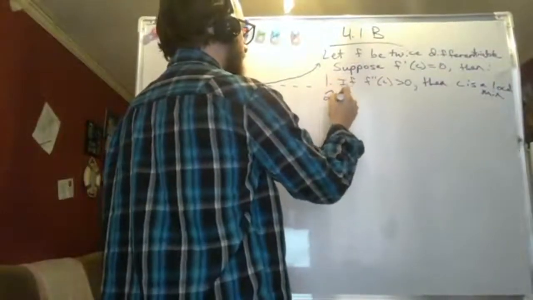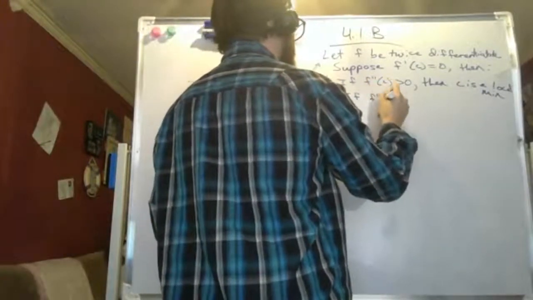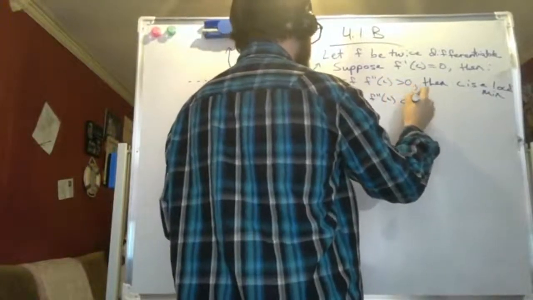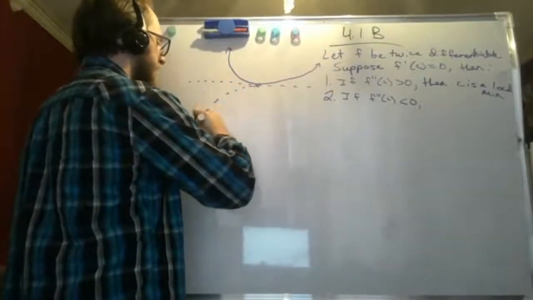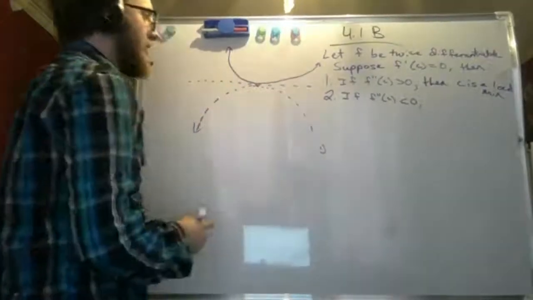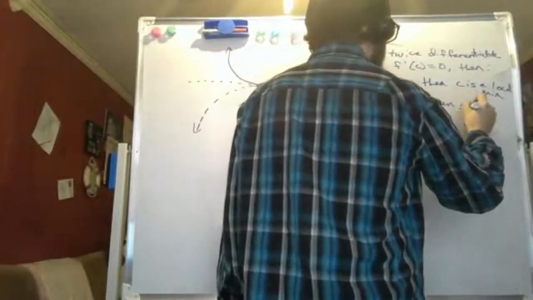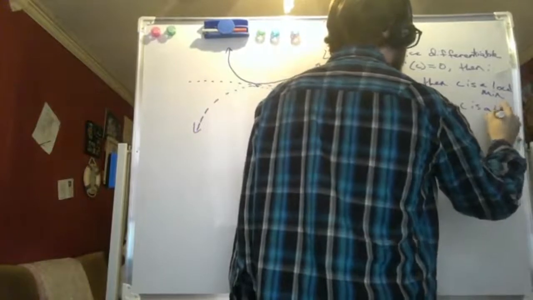So we talked about if it's positive. Then we have case 2. If the second derivative at that point is less than 0, so it's negative, it's concave down, it has to be curving downwards to the left and right of that point, then c is a local max.